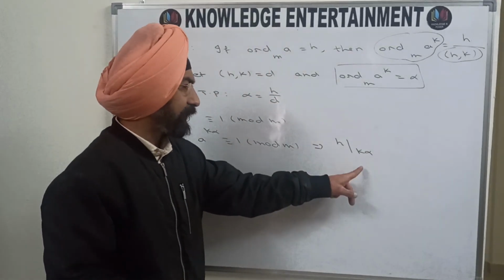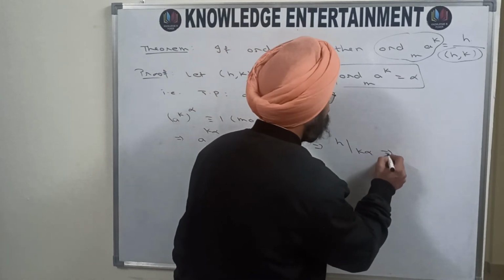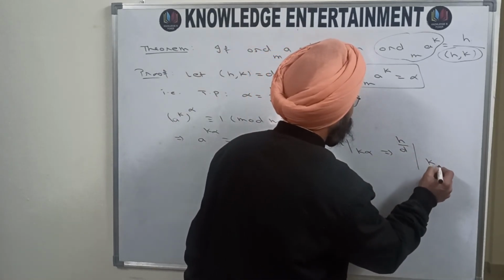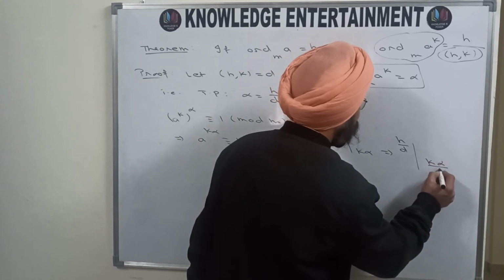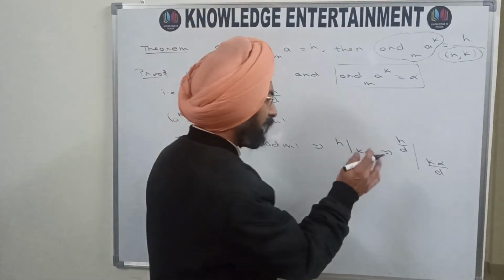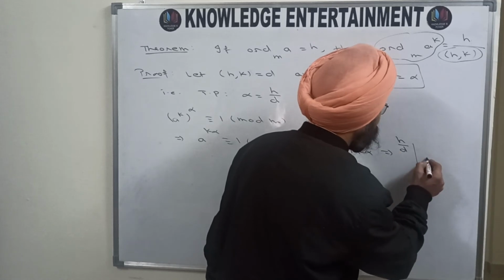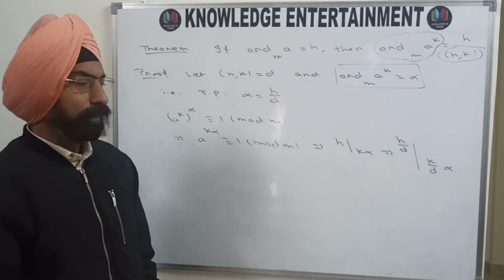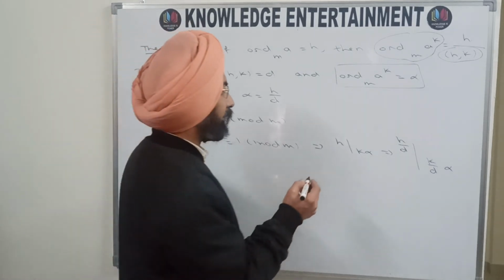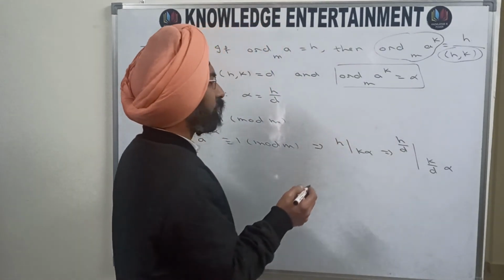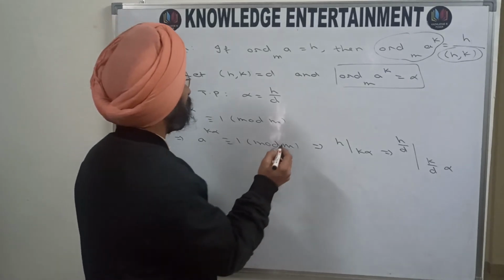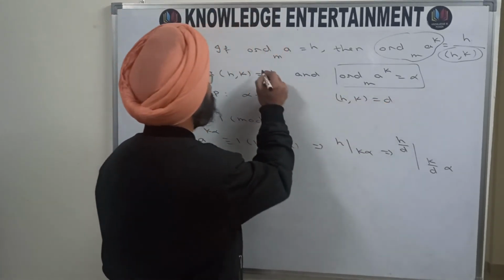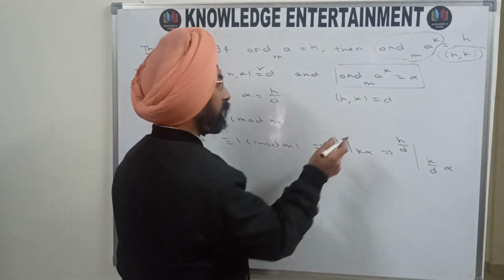If H divides k alpha, then H by D divides k alpha by D. This k alpha by D, I can write k by D alpha. Now look at what is GCD of H and K. GCD of H and K is D. We have supposed.